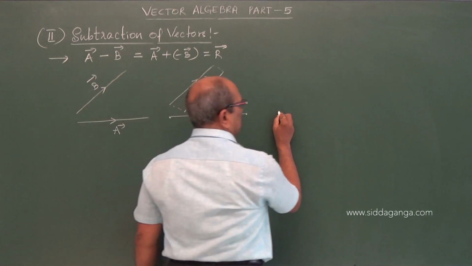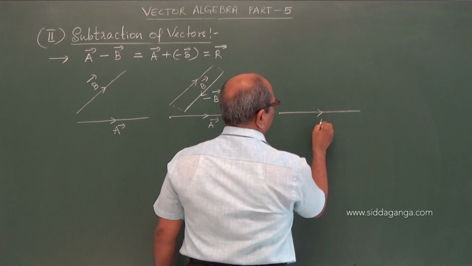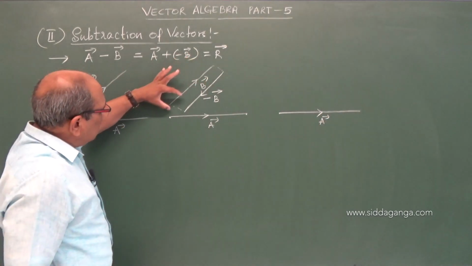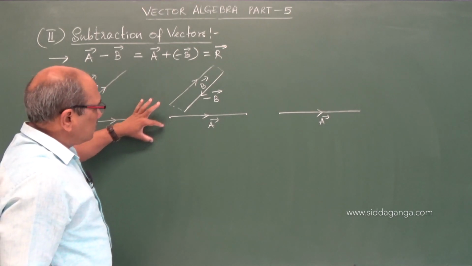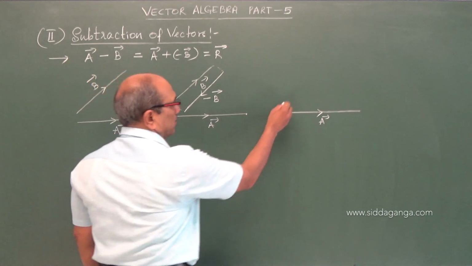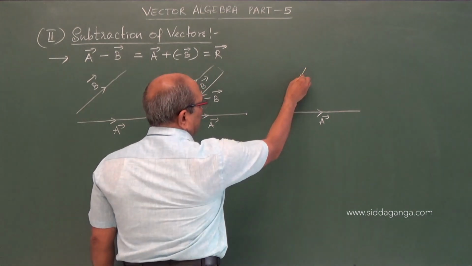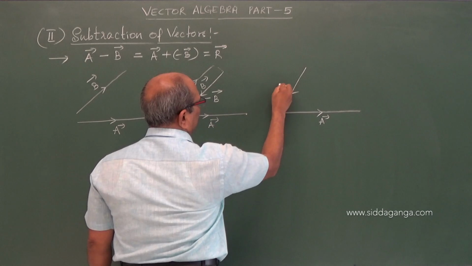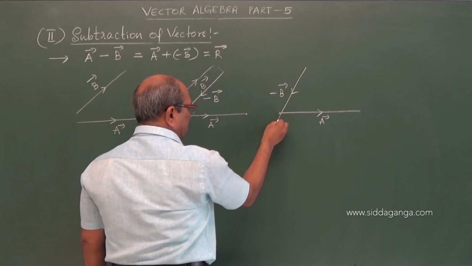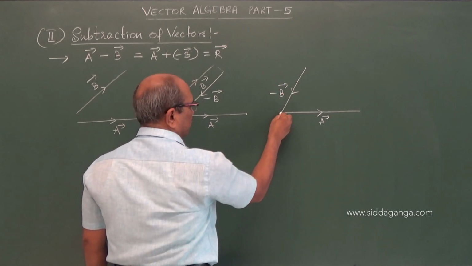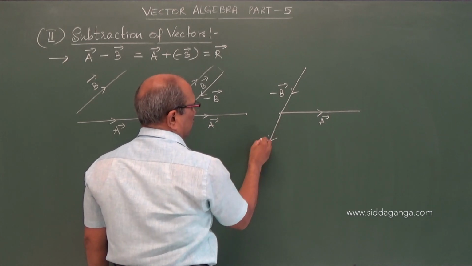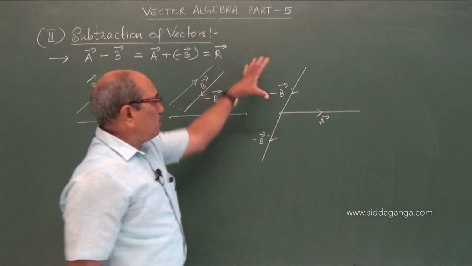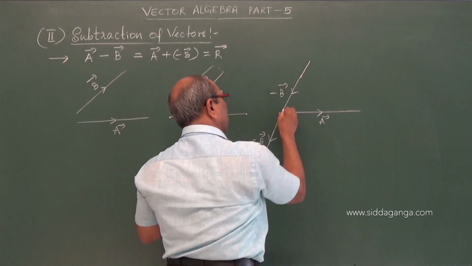I take A as it is, and slide the negative vector B downward, shifting it from that position to here.